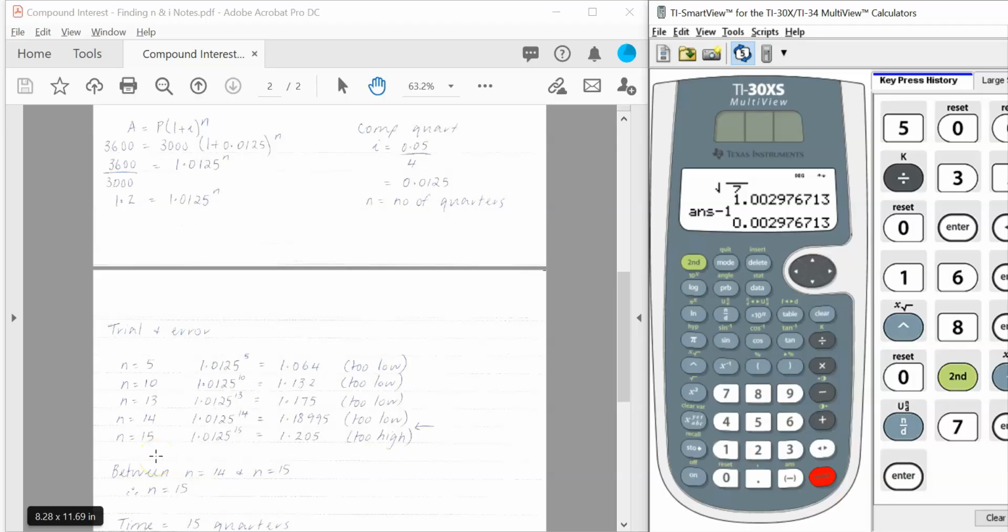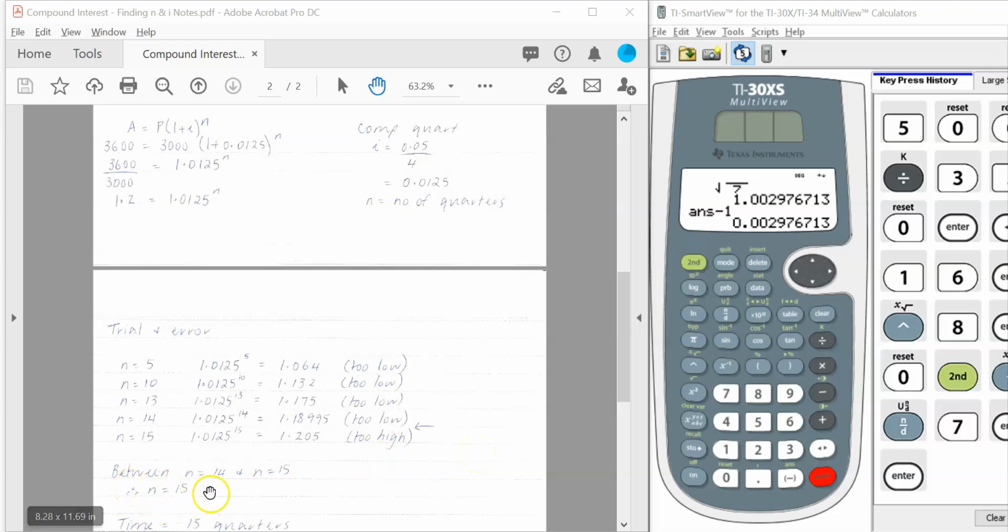Now, an important point to note here as well is that when we're talking about compounding situations, it only compounds every quarter. So it compounds at 14 quarters and again at 15 quarters. We don't actually work out the balance of this loan between 14 and 15 compounding periods. So your answer here should always be a whole number.